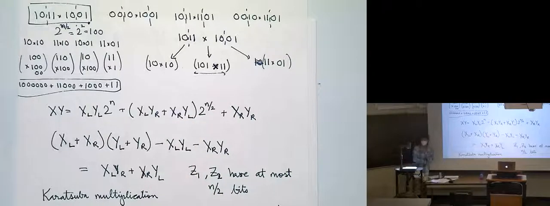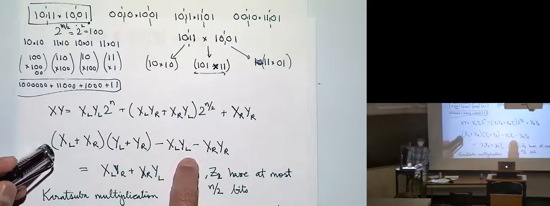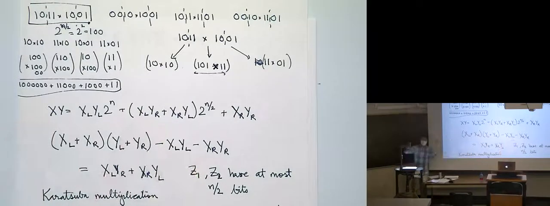How he saw this, I don't know. Right? That was a stroke of genius. But once he got this, then the divide and conquer formula just works. Then you just plug it in.